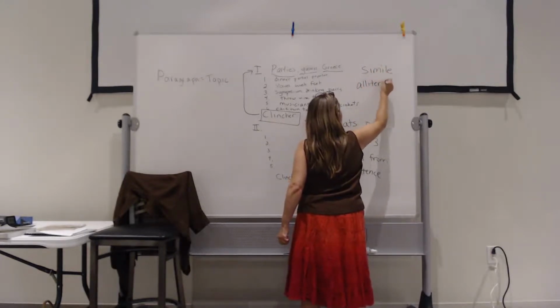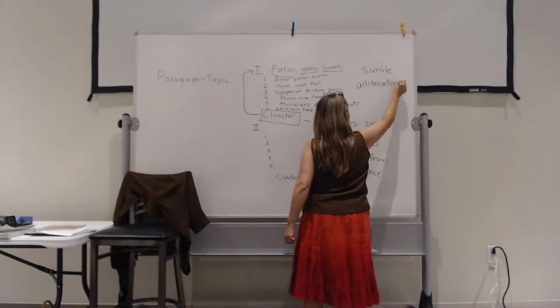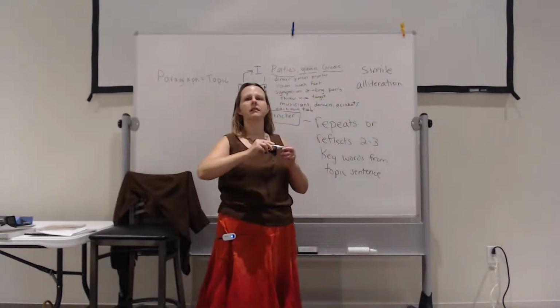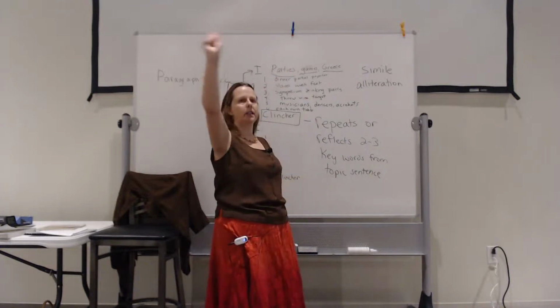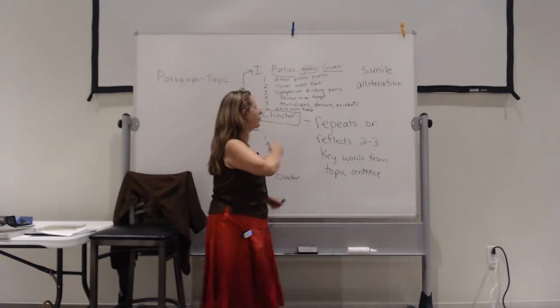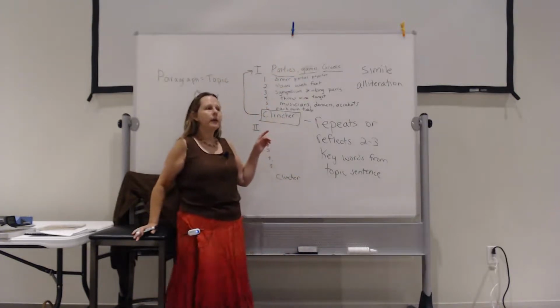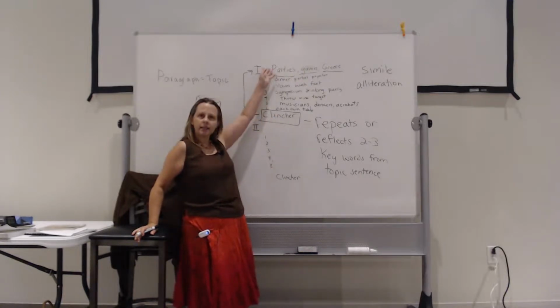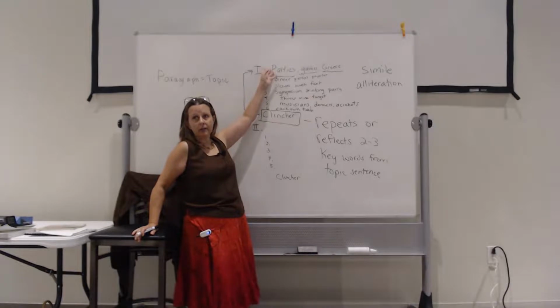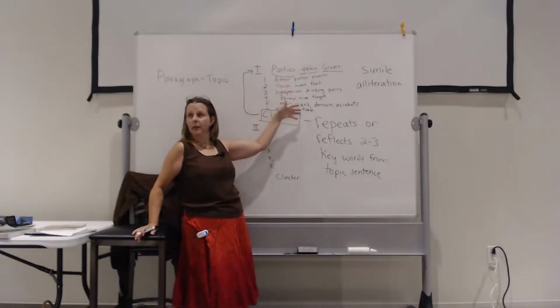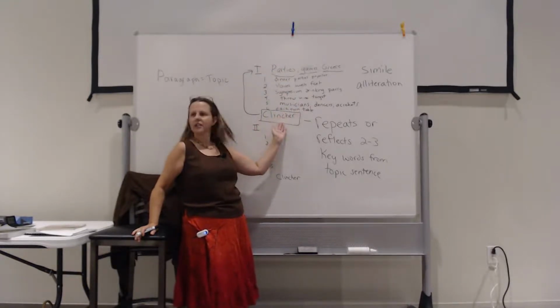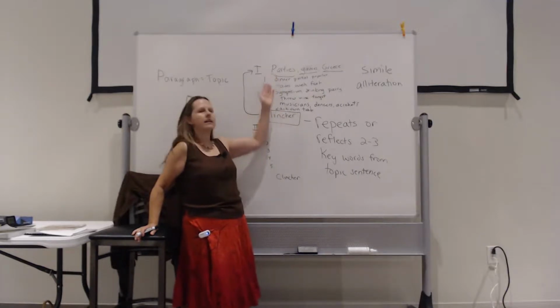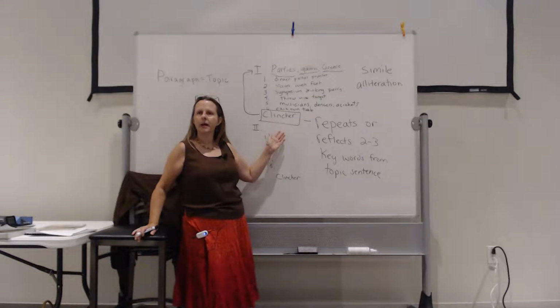If you are going to forget, write this down at the top of your outline: simile and alliteration. And I would like each paragraph to have a topic sentence. This is what I'm talking about. Then tell me about it. And then a clincher to wrap it up that repeats or reflects the words or ideas from the topic sentence.